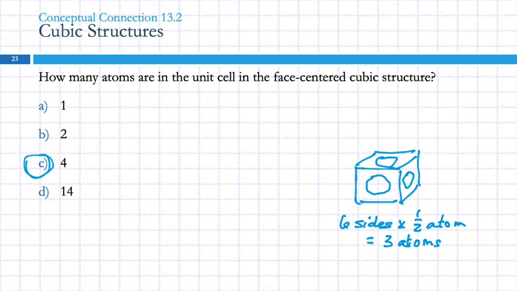And questions along this line do often show up on the ACS final exam. They'll give you a picture and ask you what kind of a unit cell it is, or they'll ask you how many atoms or ions are in the unit cell.